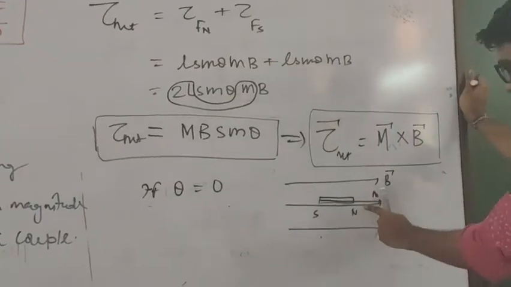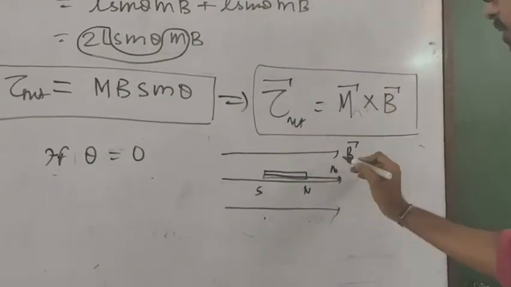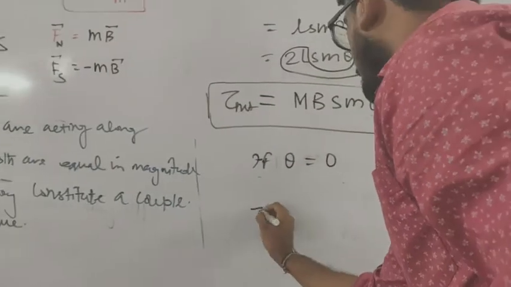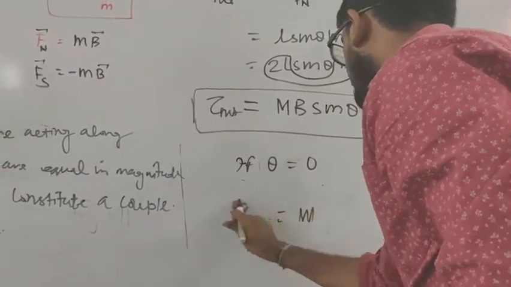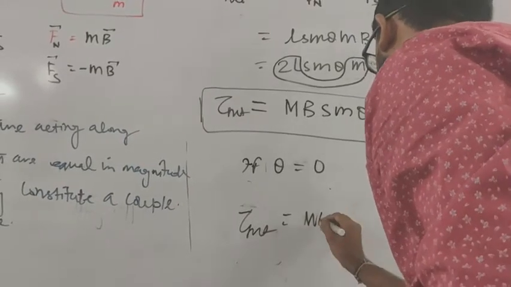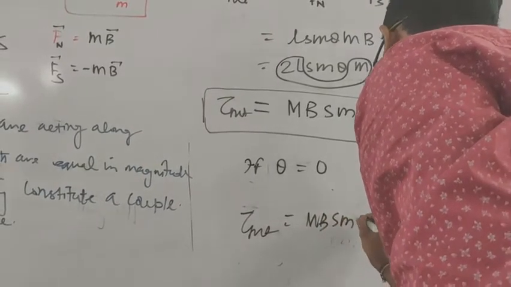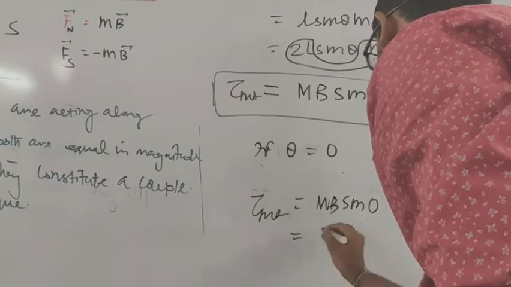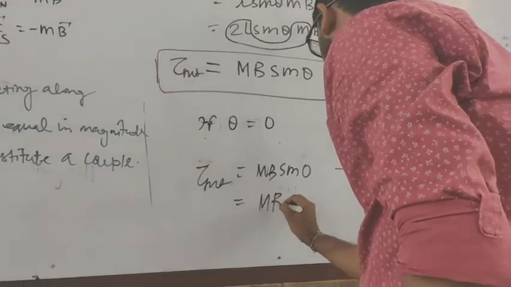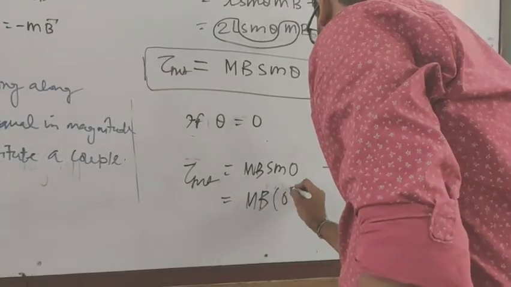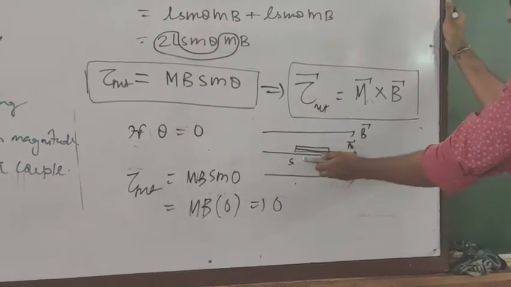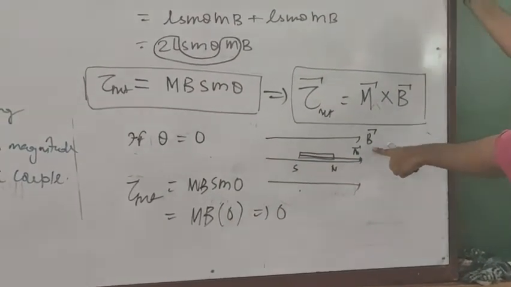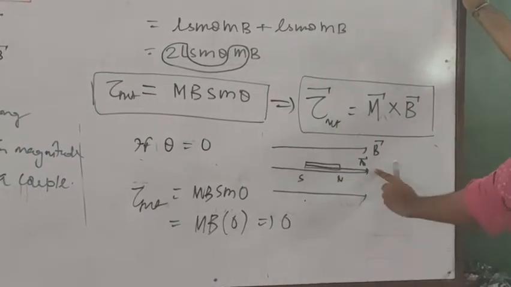In this case, the angle between M and B is 0. So what will be the value of tau net? Equal to MB sin 0, and sin 0 is 0, so it equals 0. So when the dipole is placed along the direction of the magnetic field, the torque acting on it will be 0.